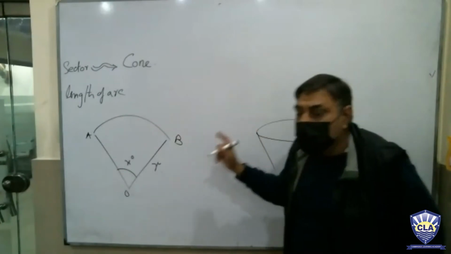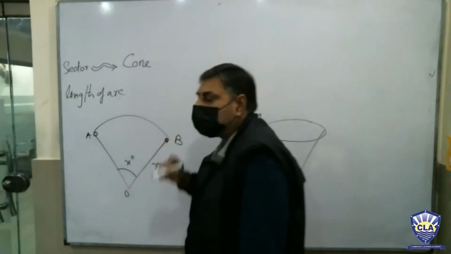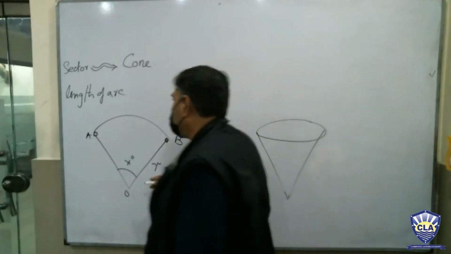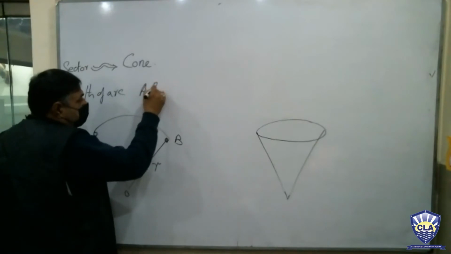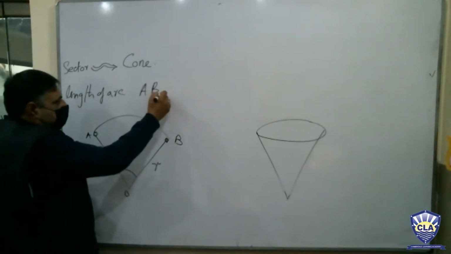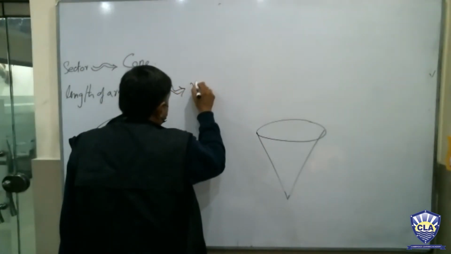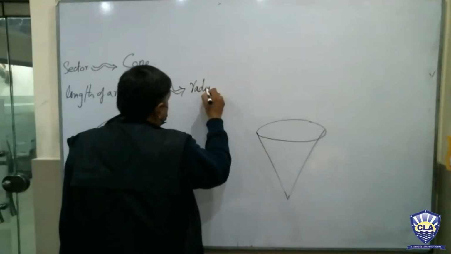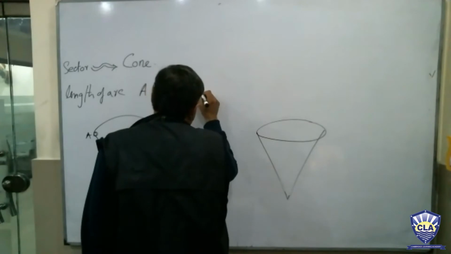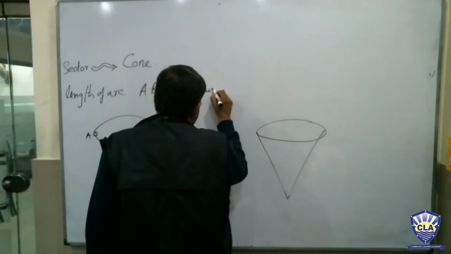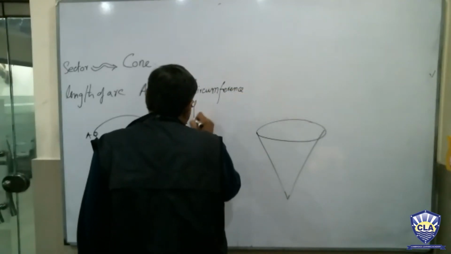When I join point A with point B, the length of arc AB is converted into the circumference of the cone, not the radius.